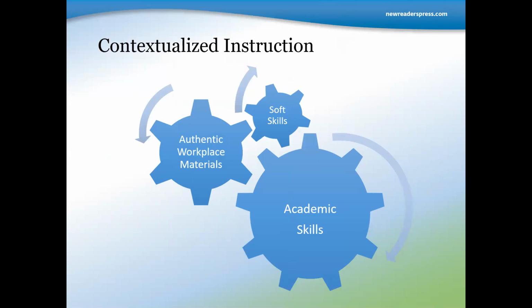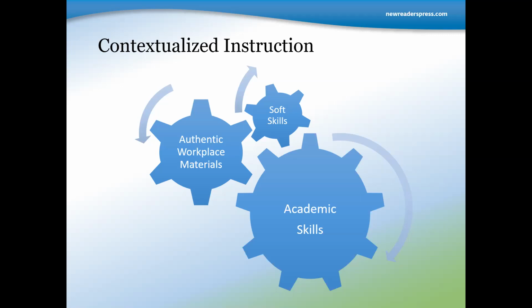All right, so what specifically though is contextualized instruction? Really, it's the teaching of academics in a work-ready context. That is teaching that uses authentic workplace resources in tandem with academic skill building. Now, it's important to notice that soft skills are part of a contextualized classroom. That's not something we'll go too heavily into today, but in short, how students interact with the material and resources through classroom activities enhances those soft skills.